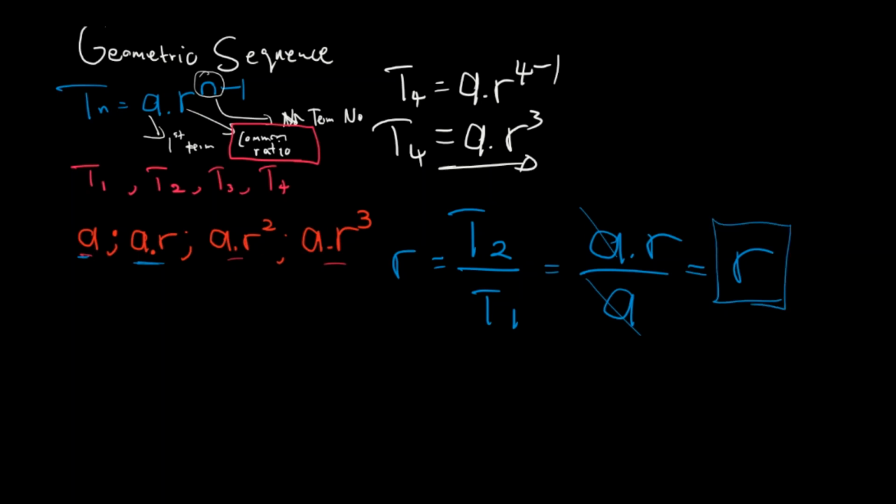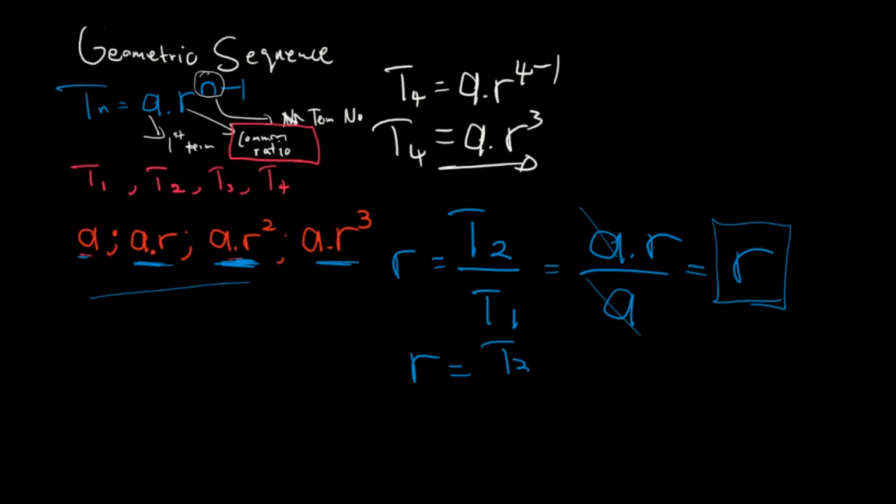But to prove that it is actually a common ratio, you need to also test for other terms, meaning term number 3 divided by term number 2, and term number 4 divided by term number 3. Most of the time you're given the first 3 terms, so as long as you test the first 3 terms, everything should be fine.